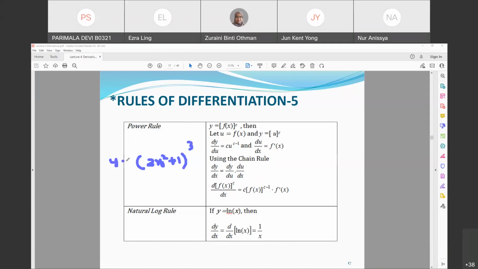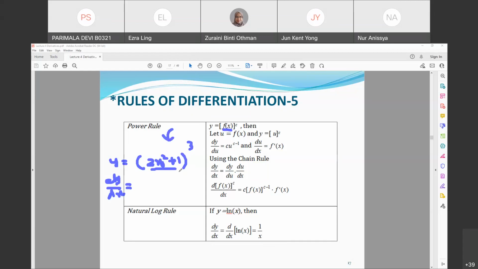Okay, this is our Y. Nampak tak kat sini? Di dalam dia ada Fx, kat atas dia ada kuasa. And this is our Fx. Bila kita nak cari dy over dx, bila ikut power rule ni, dia boleh dua keadaan. Kita boleh guna chain rule or we can use power rule untuk this kind of soalan.